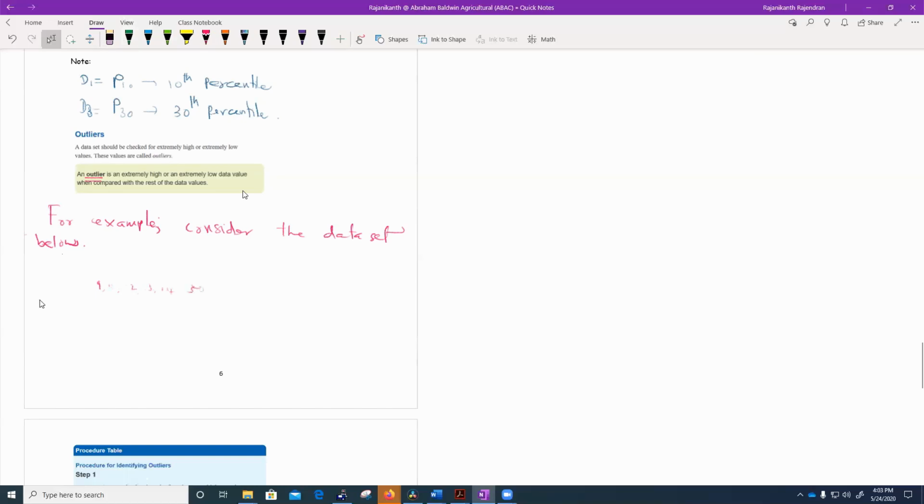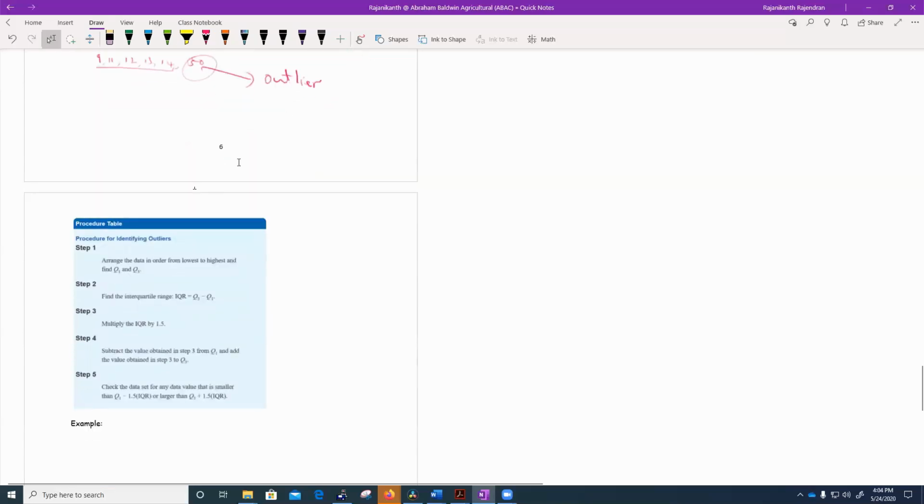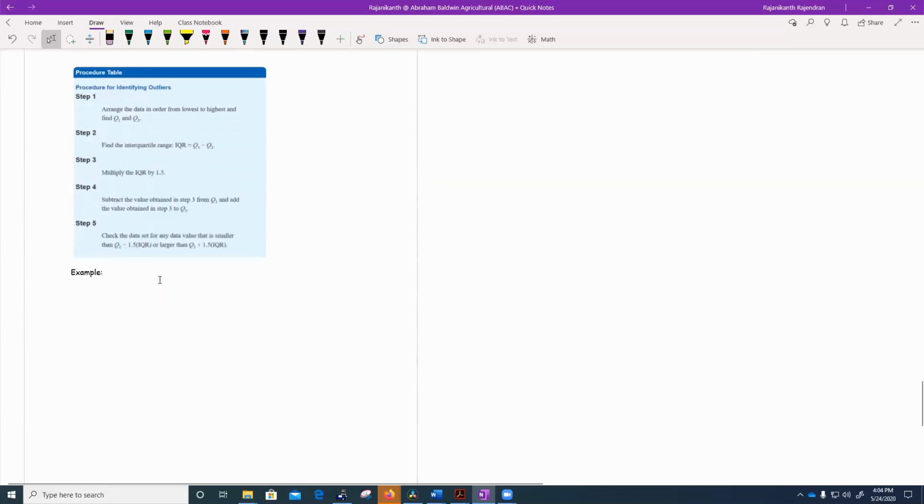If you look at these data values, these are very close data values. Only 50 is very far from the remaining, right? So this could be considered as the outlier. That is an example of an outlier. But there's a procedure to find the outlier. So we follow these steps to find the outlier.